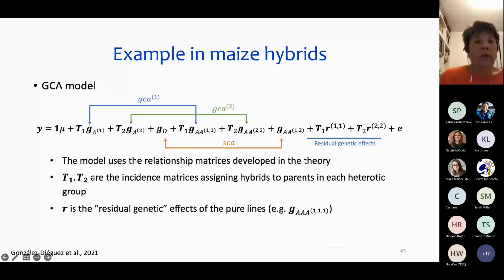In the GCA model, you see that we have the additive part for one population, for the other group, the dominance deviation effect. We have the epistatic effect within population 1, within population 2, and the epistatic effect across the 2 populations, and we include these residual genetic effects.